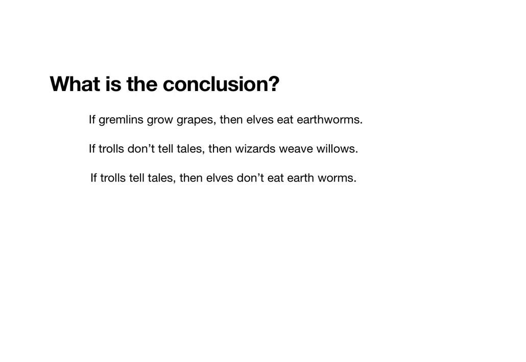I want you to look at each of these statements, and I want you to come up with a conclusion by using chain of reasoning. But first, I'm going to give you the letters that go with each statement. We're going to call G: gremlins grow grapes.